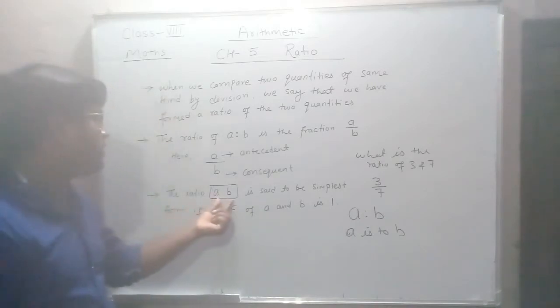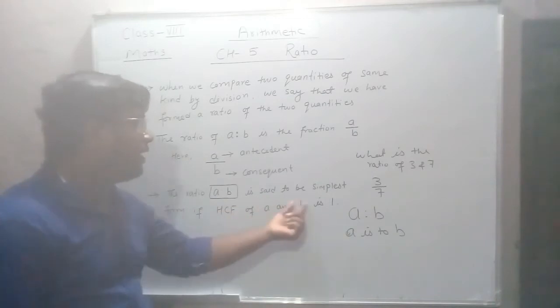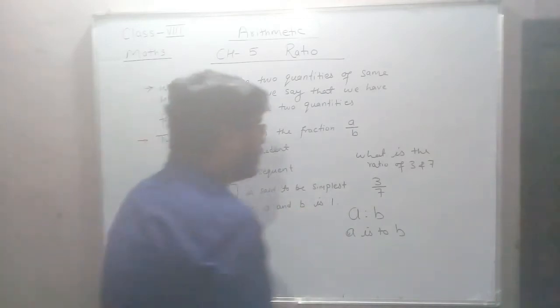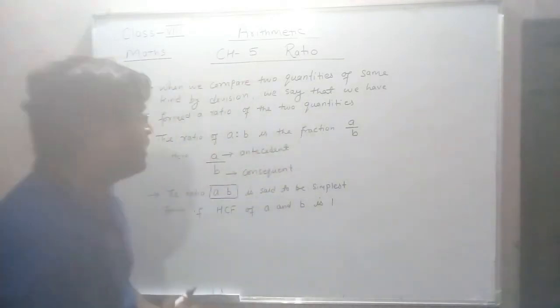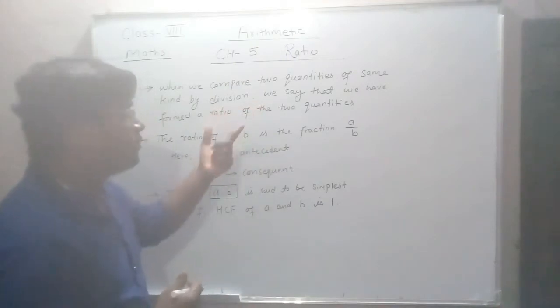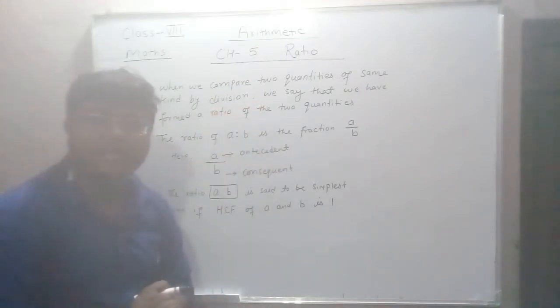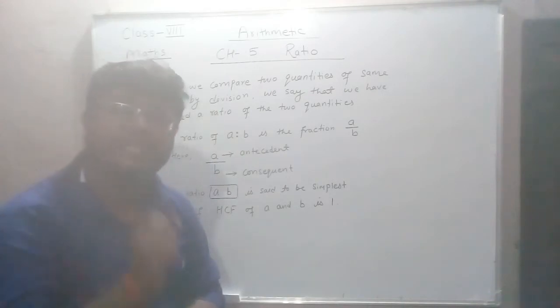How do you know they are in simplest form? If the HCF of the antecedent and the consequent is 1, we take that ratio as the simplest form. So the ratio A is to B is said to be in simplest form if the HCF of A and B is 1. Before giving the example, let me recap: ratio is the comparison of two quantities of the same kind by division.